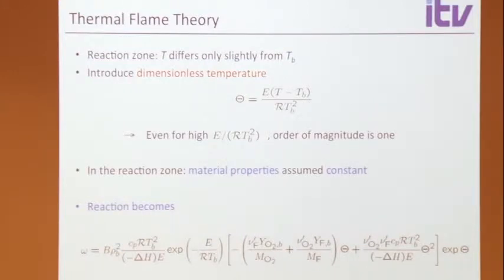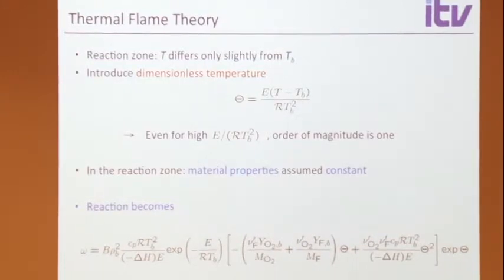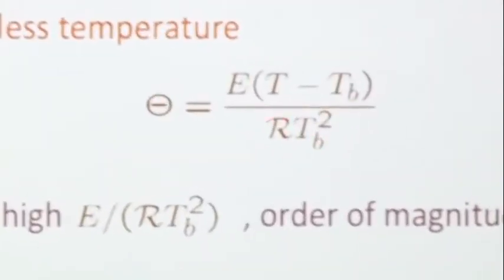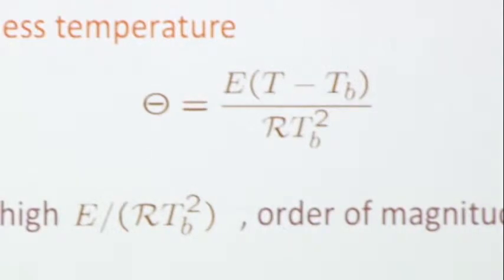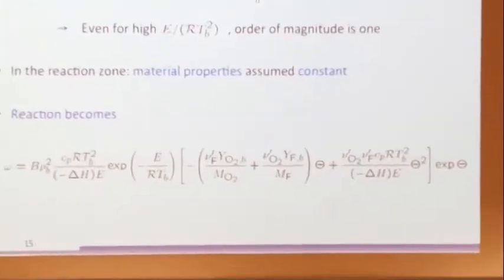T minus T_b is a relatively small quantity because the activation energy is large. If this is order 1, then this here is very large because E is large. This means this becomes relatively small. So this is the non-dimensional temperature. You introduce these two things here, and you get this.